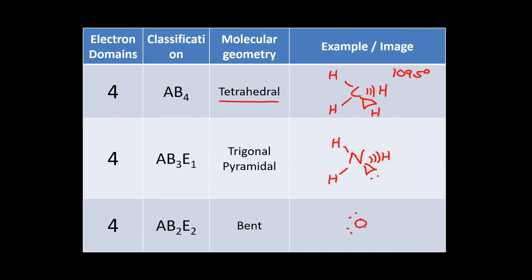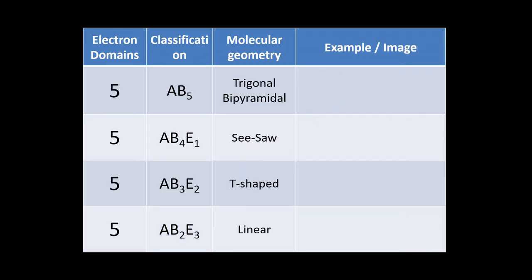So the lone pairs are in the plane of the board, and those are going towards you and back away. And so this is what we call bent. Because again, if we ignore the lone pairs, it once again looks like you took a linear molecule and just bent it. So it has tetrahedral electron geometry and bent molecular geometry.